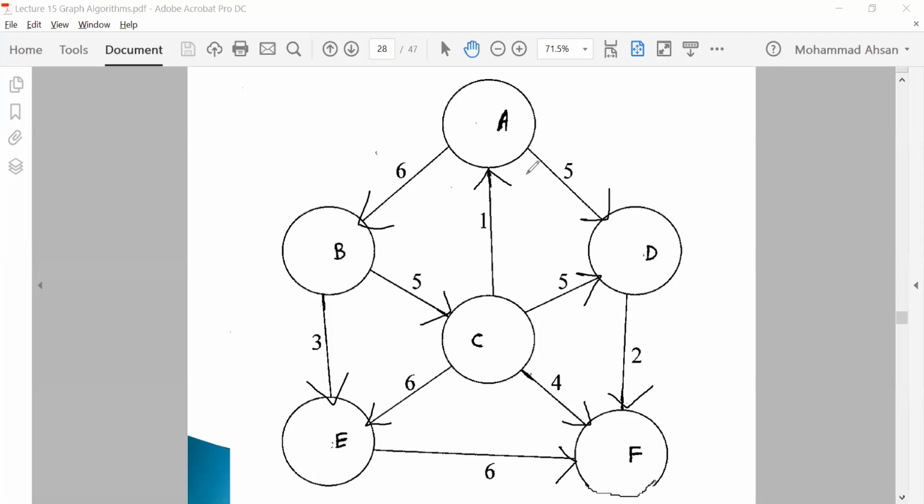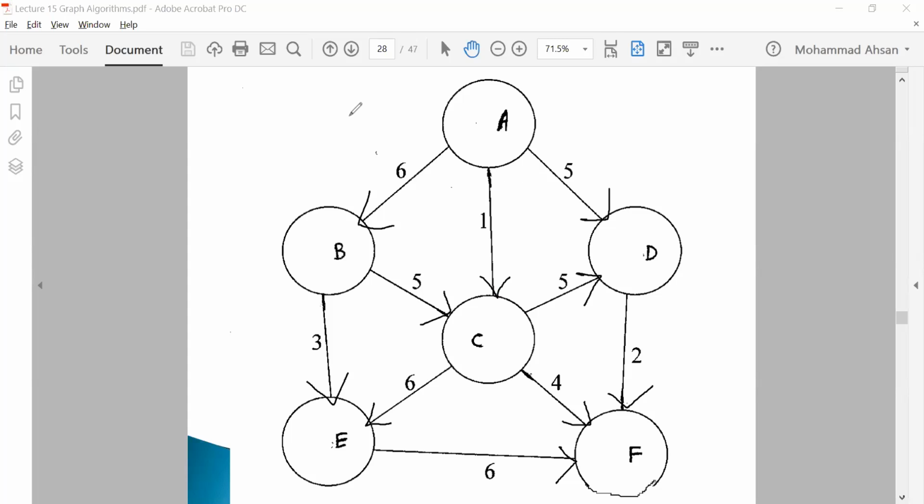I think I have marked all the edges with the direction, and it is not acyclic. There is one cycle, which I will remove. Okay, so now I think it becomes acyclic.